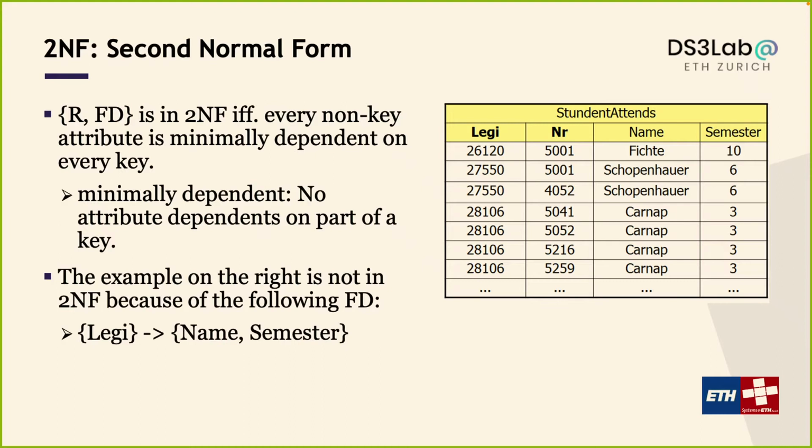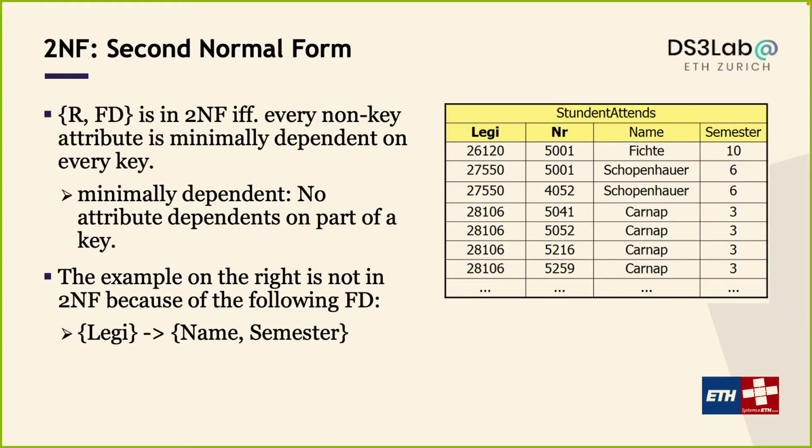If you look at our original example, this functional dependency from student ID to name and semester is the reason that this design is not in second normal form. Because you take name, which is a non-key attribute, that actually depends on the student ID, which is part of the key.